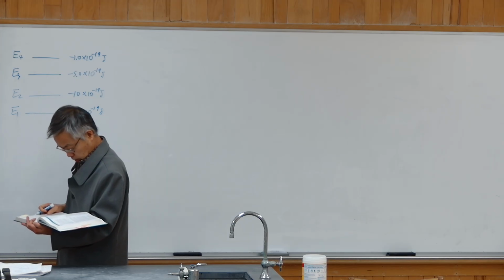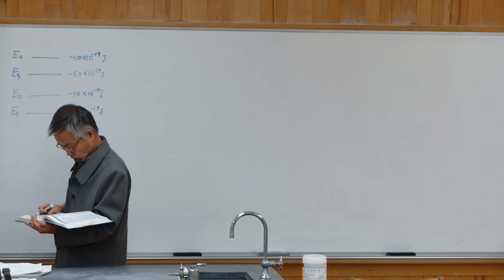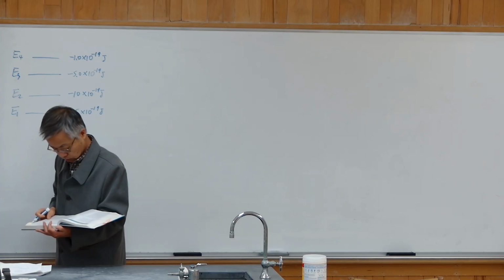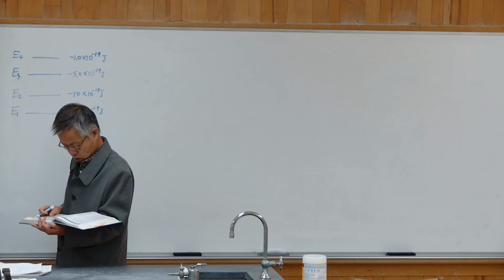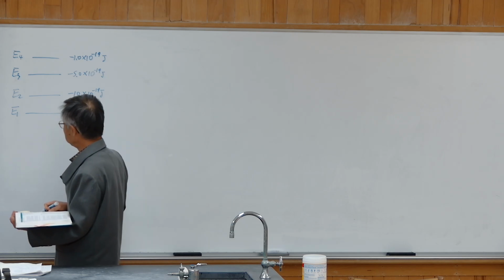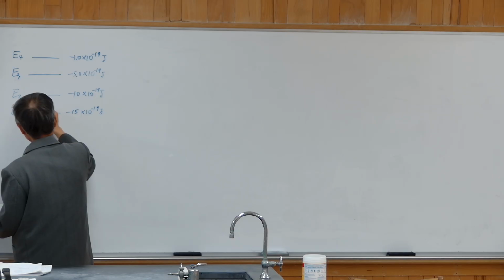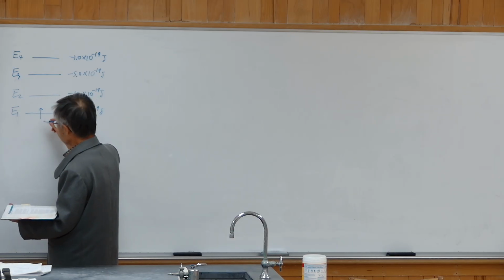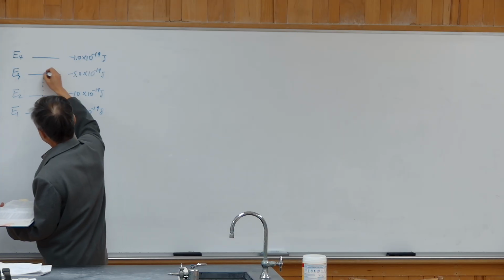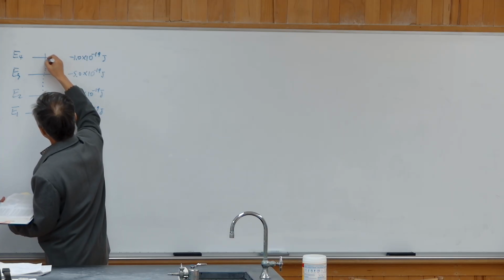A asks what is the wavelength of a photon needed to excite an electron from E1 to E4. The electron is initially in the E1 energy level. You want to promote this electron to E4.